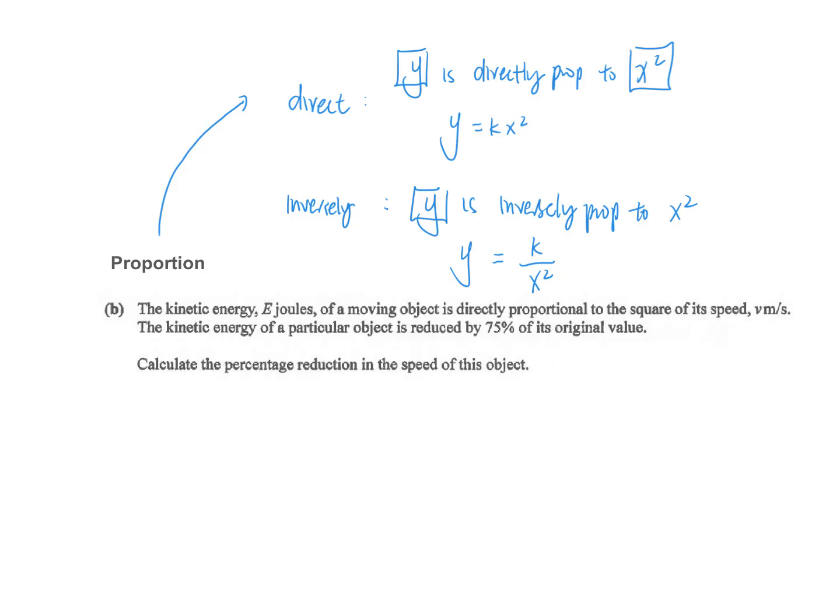So remember that. So it says that I have this kinetic energy that is directly proportional to the square of its speed. So you should write the equation first. So this is what they tell you. Directly proportional to the square of the speed. So this is the original. Then they say, I'm going to reduce my kinetic energy by 75% of my original value.